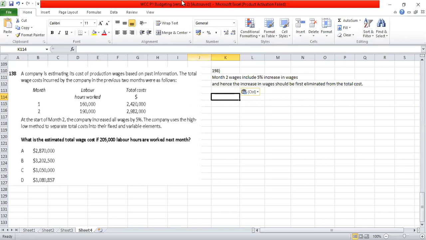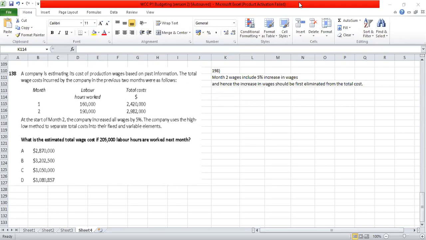Now in that previous question, 30,000 was a fixed amount. Here we see it is different. That is in terms of percentage. So the figure given for the second month stands at 2,982,000 after adding the 5% increase.